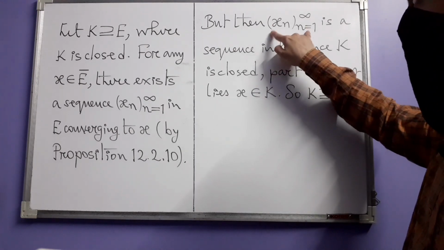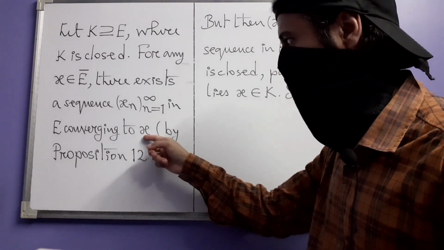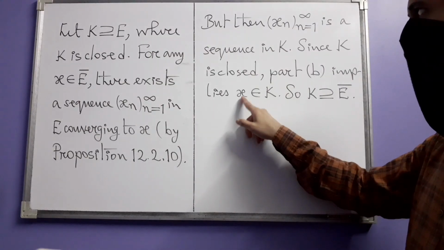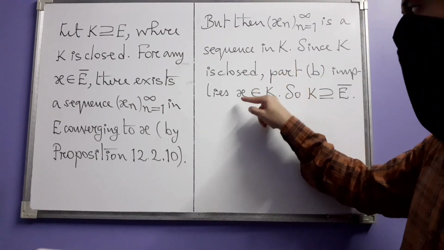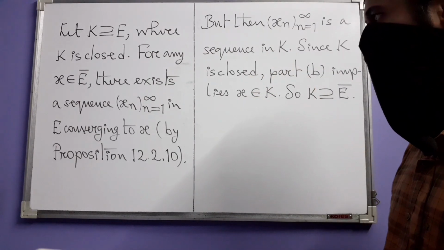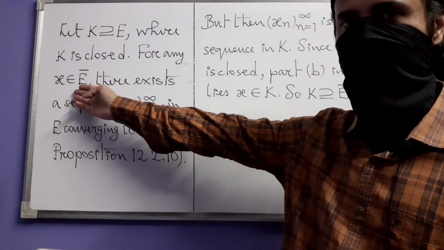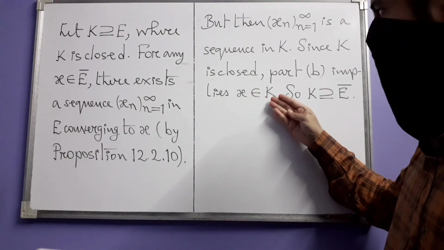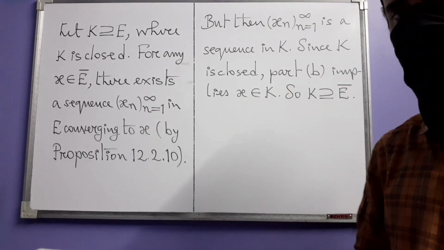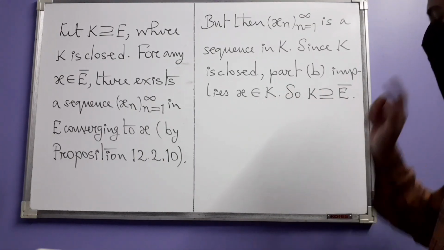And here that sequence is this and the limit is x. So that is why closedness of K forces x to be inside K. But what is x? x was any element in the closure of E. You have found that that also has to be in K. So that is why K contains the closure of E.